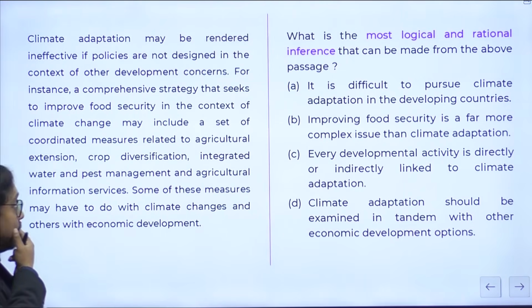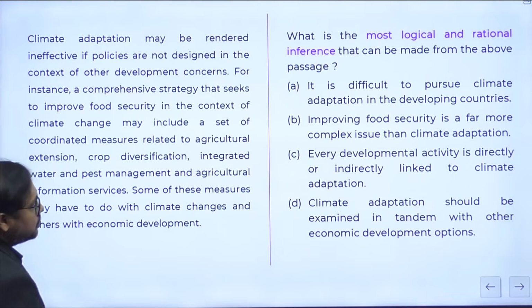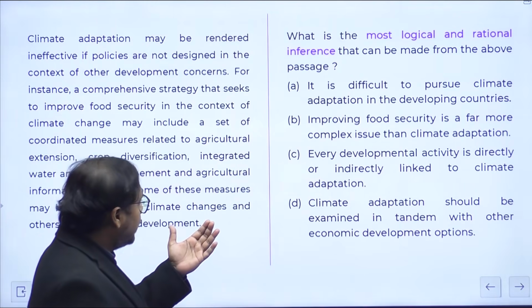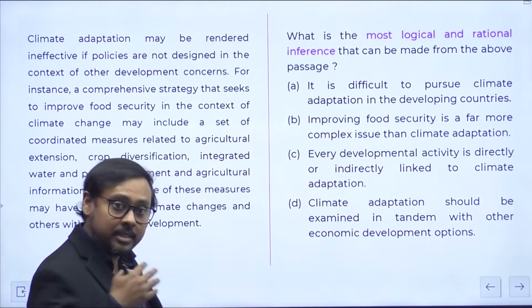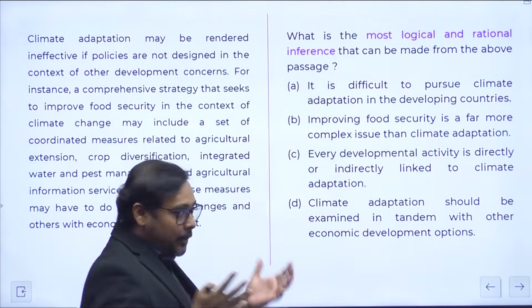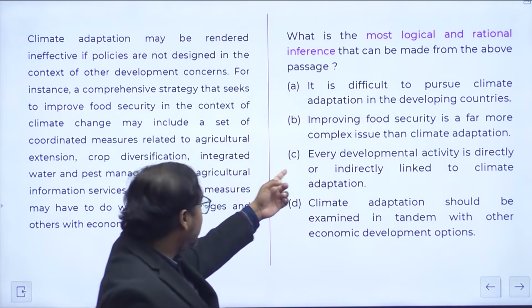Okay. Option B: improving food security is a far more complex issue than climate adaptation. Look at the reason for this, this is important. If you don't understand this, you think it is just not mentioned. But what is being compared here?